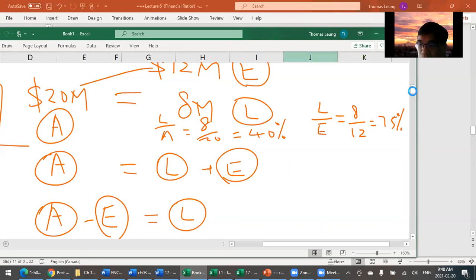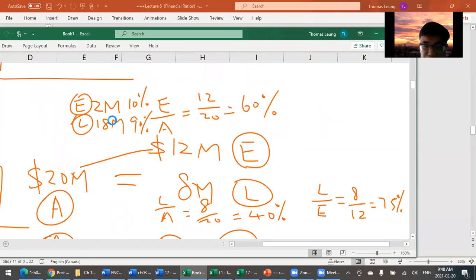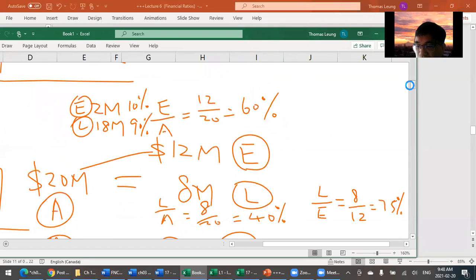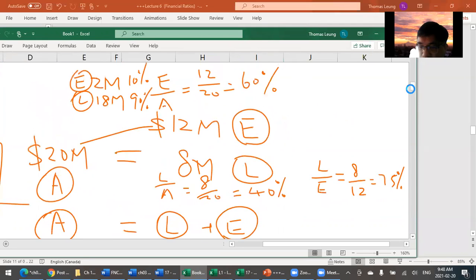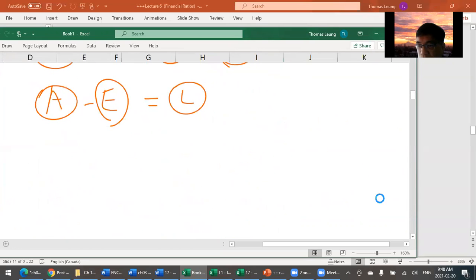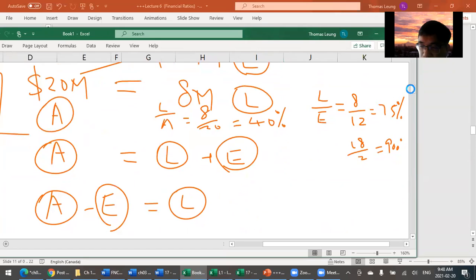But in my next example here, liability is 18, my investment is 2, then it's 900%. And let's go to the extreme. When liability is 19.9, equity is only 0.1.